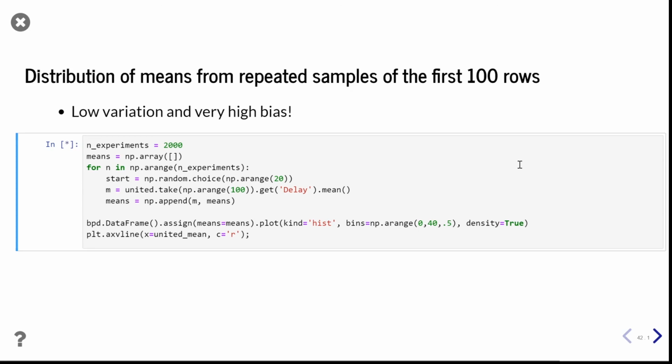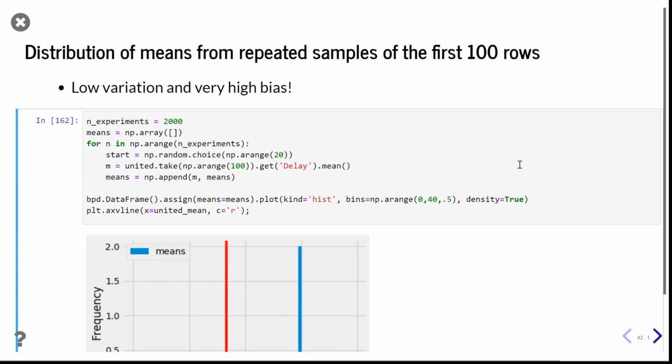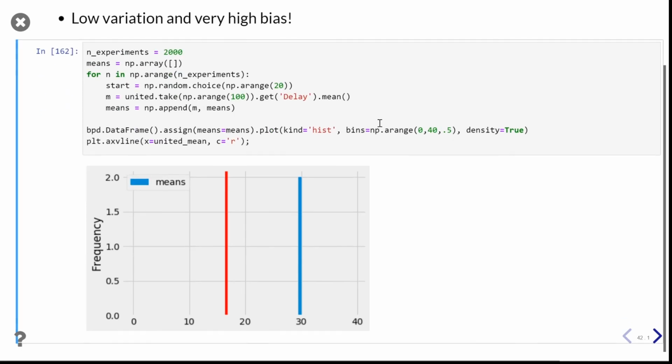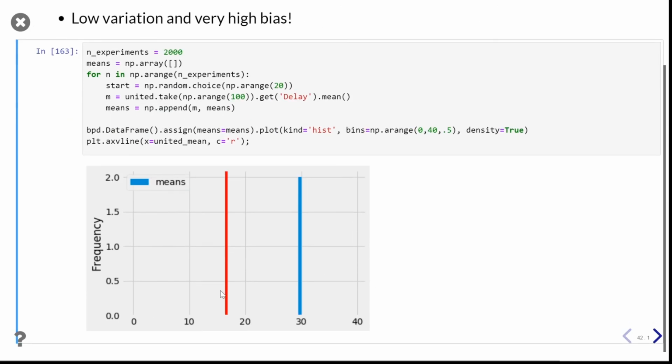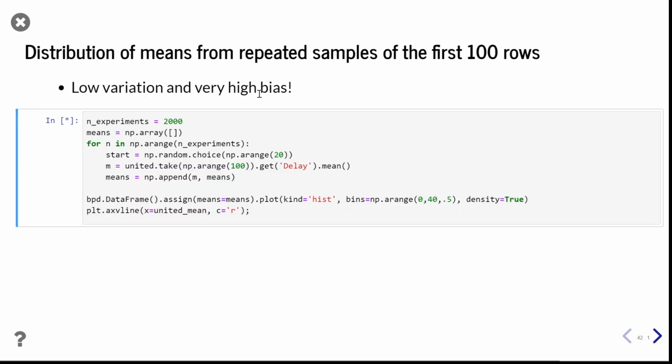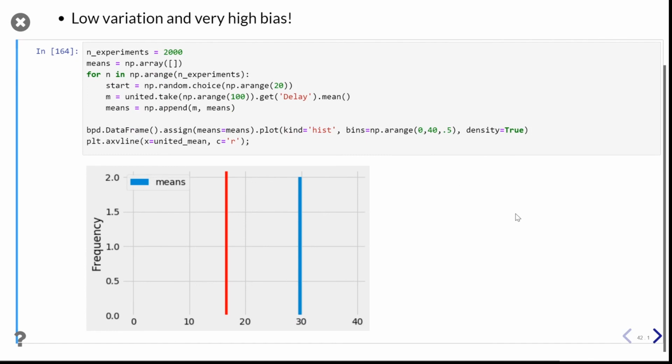What you get here is a very high bias. What this means is that my distribution is always off because I'm not looking at the full data set. I'm looking at that first 100, and I compute the sample mean, and it's always going to be the same. So I'm going to get something that's always pretty off, but it doesn't change that much because I'm always looking at the same sample.